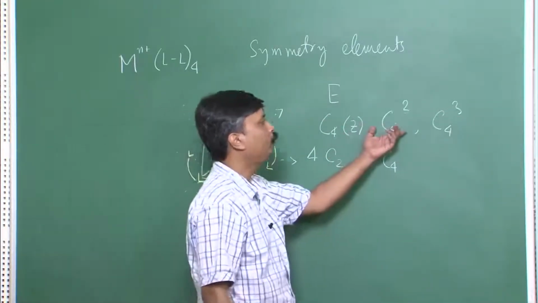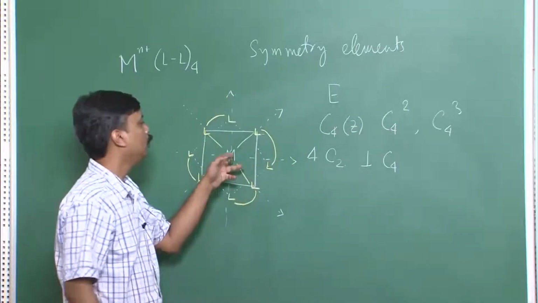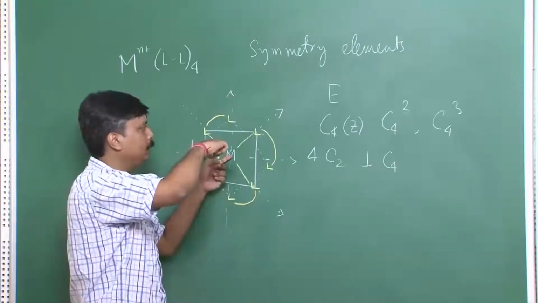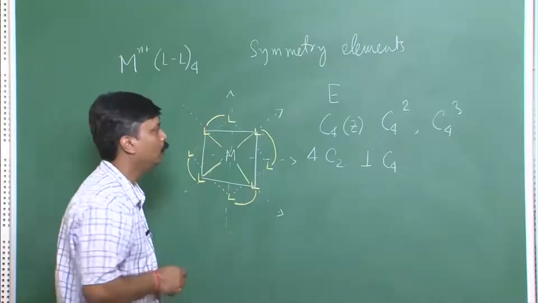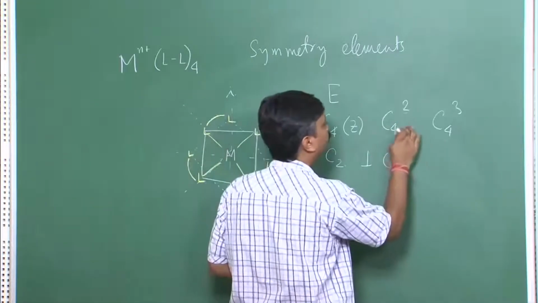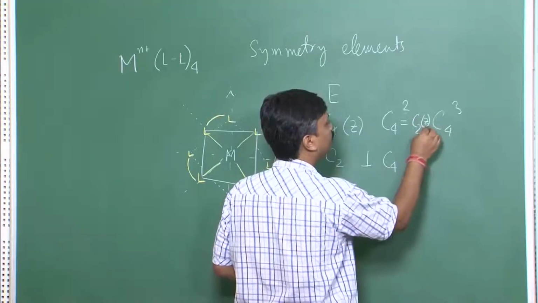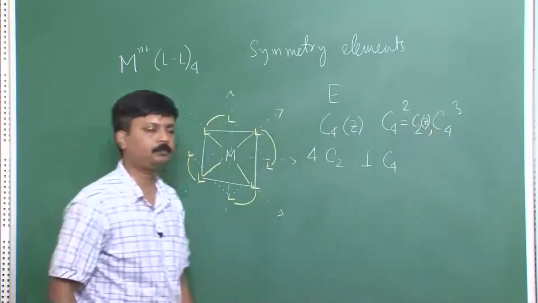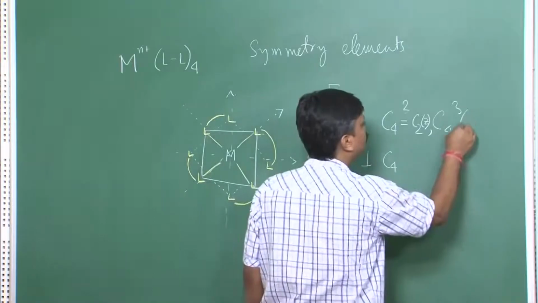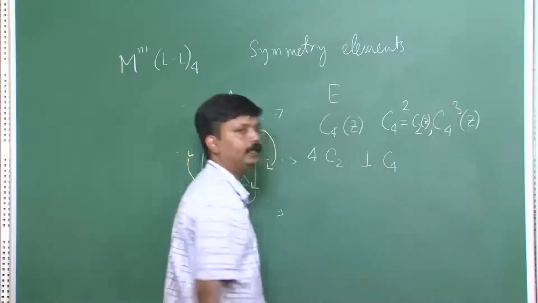C4 squared is nothing but rotating about the same z axis by 180 degrees, so I can write this as C2 along the z axis.